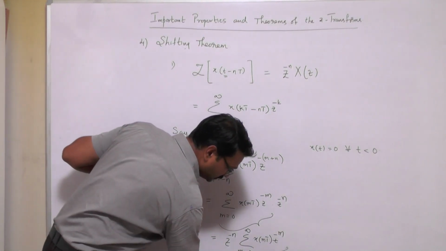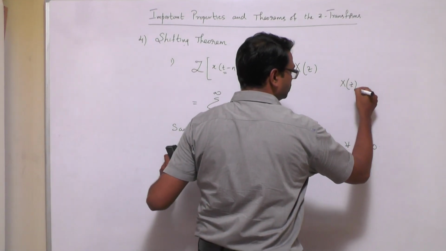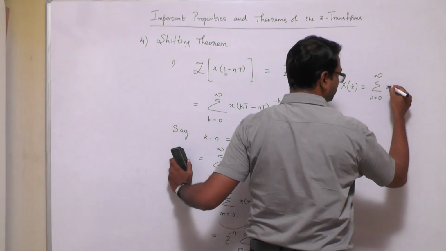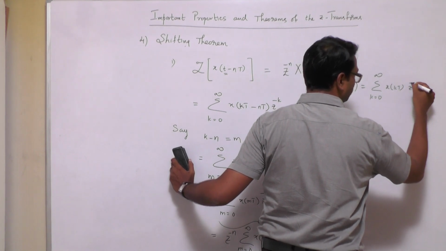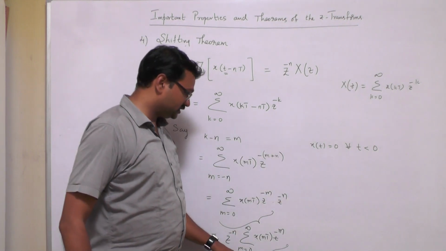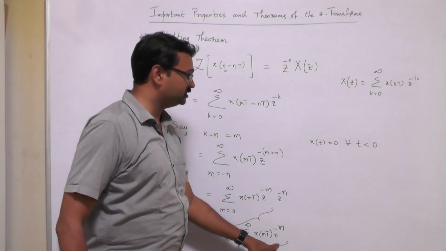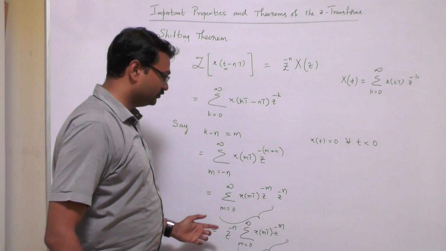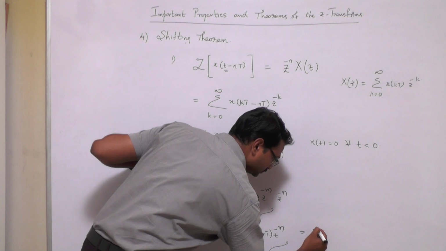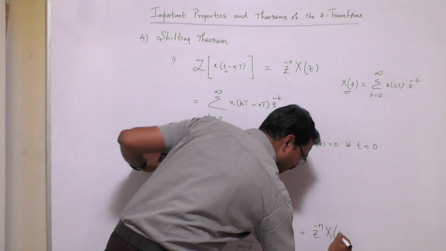Now by the definition of the z transform, we have sigma k is 0 to infinity x of kT z power minus k. Here instead of m you have k. Without any loss of generality, you can replace m with k. Therefore, you will get z power minus n, and this value is X of z.